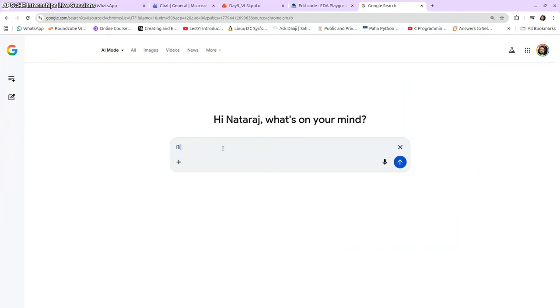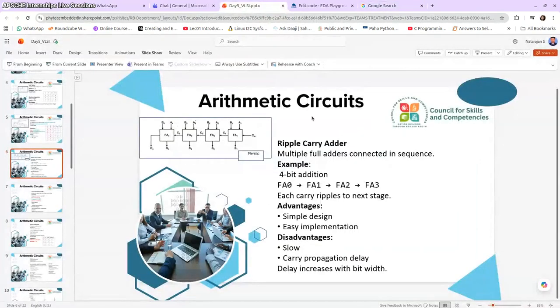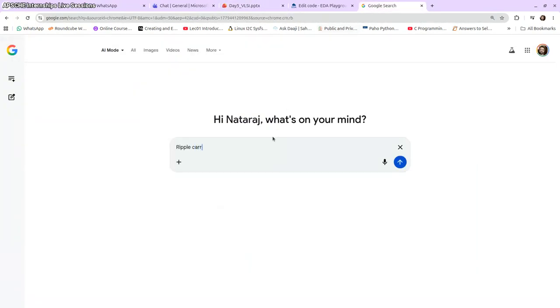Okay, so now I need a ripple carry adder. So the prompt I'm going to give is, I need a Verilog code for the above. Second, I need a test bench for the above.